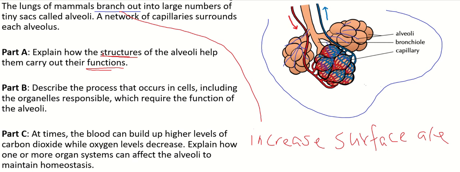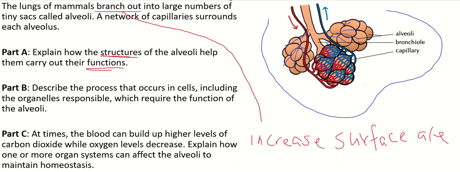So in this case, increase surface area, so more of what needs to go in and what needs to go out. So more oxygen can come in and more carbon dioxide can be removed. Okay, I'll write out the answer neatly when I'm done here.